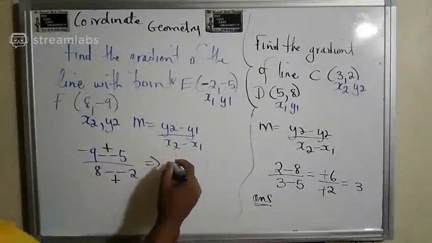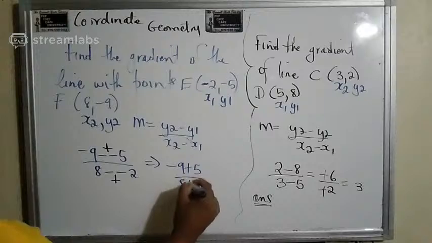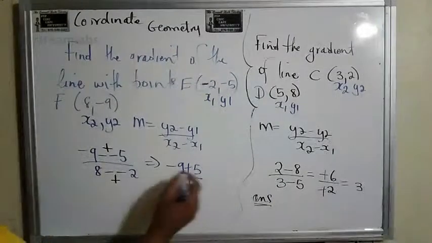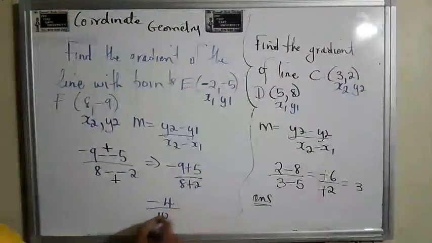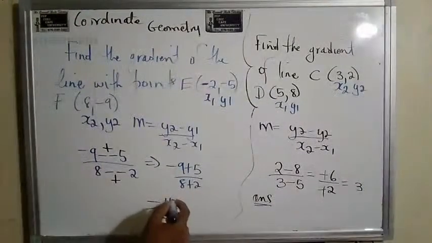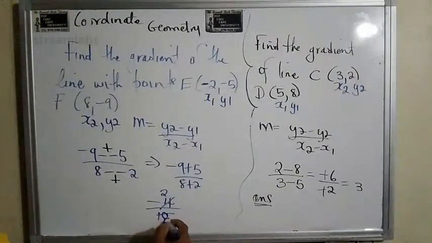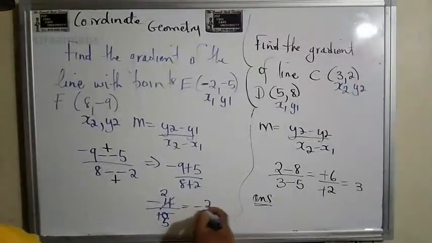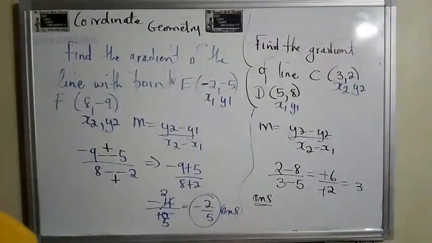So if you write it, it's negative 9 plus 5 upon 8 plus 2. So this would give us negative 4 over 10. Again, if you have struggled with the sign, I have videos on that. The entire syllabus is on it. So we divide by 2. So the gradient is negative 2 over 5. And that will be our answer.